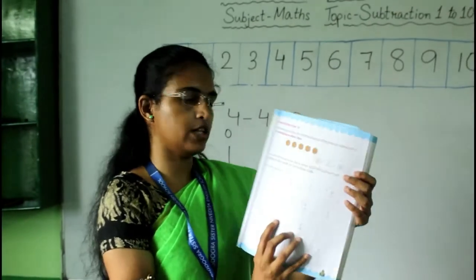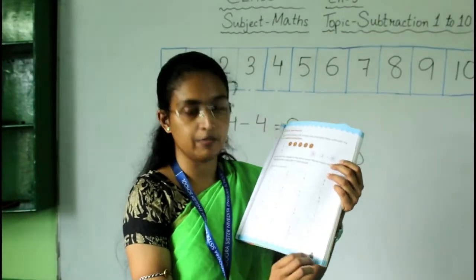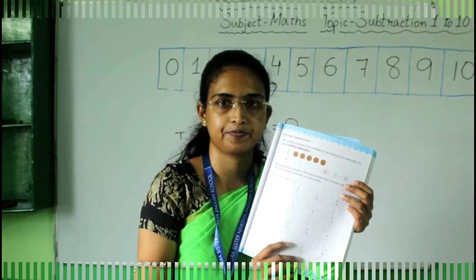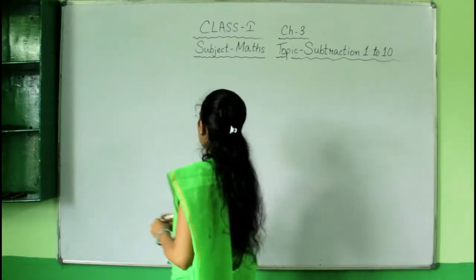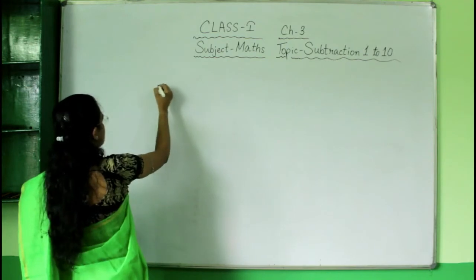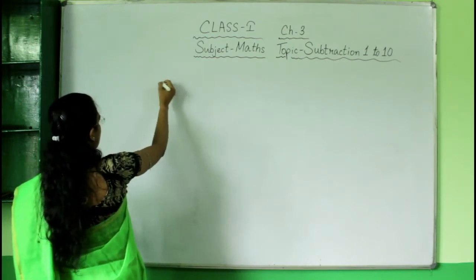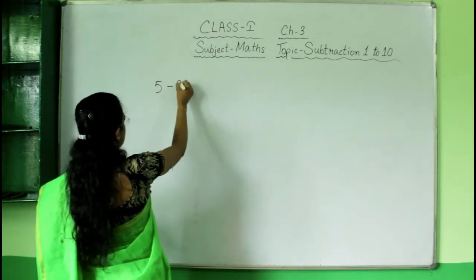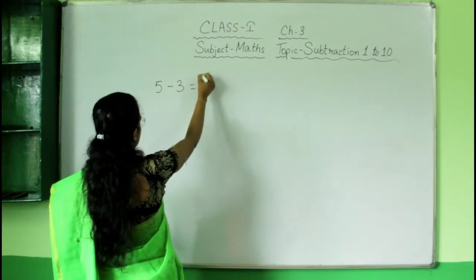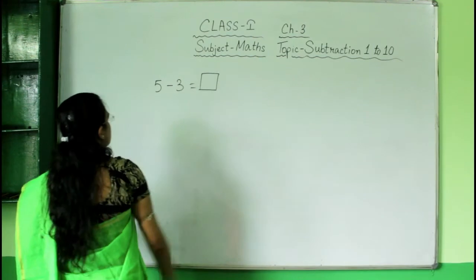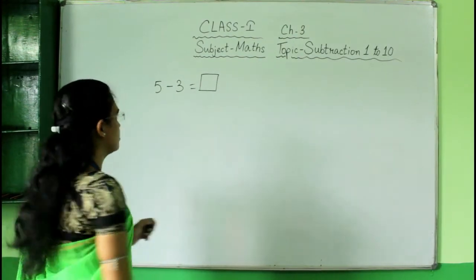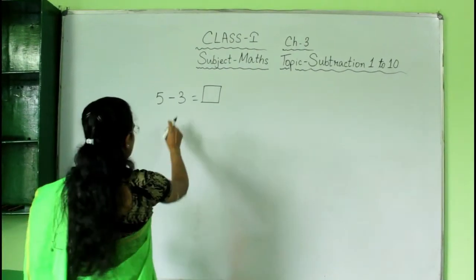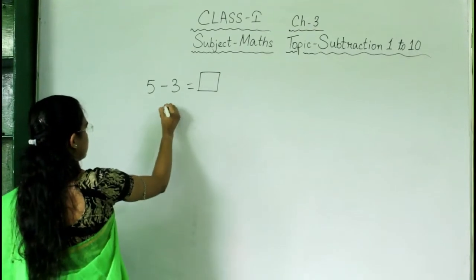Now come to the next page. That is page number 29. Okay, now we will do another sum. In the previous class we have done the sum like this, right? Now we are doing the same sum but in a different way.